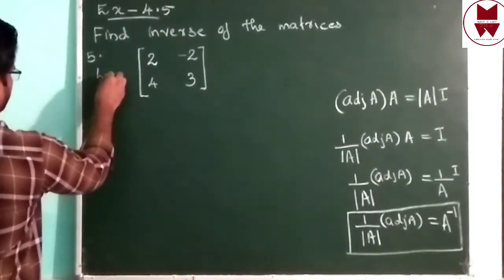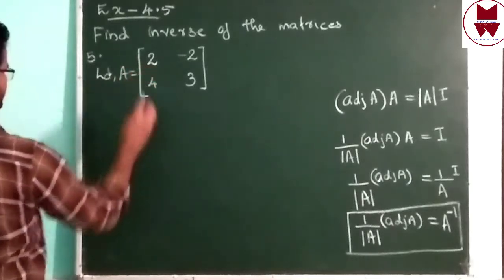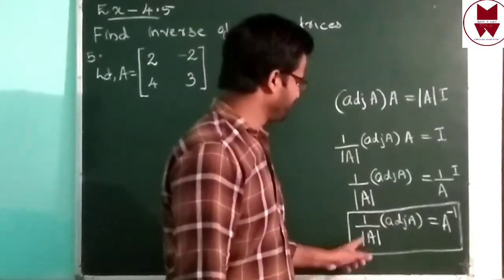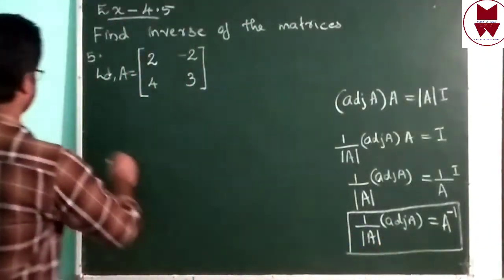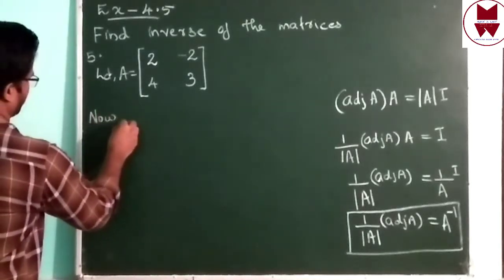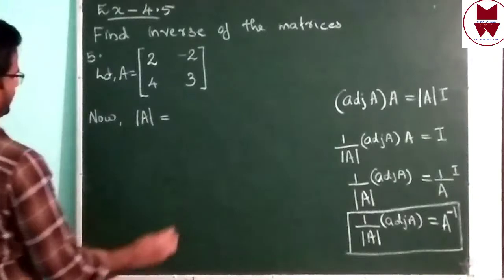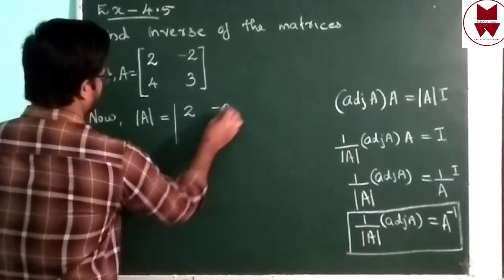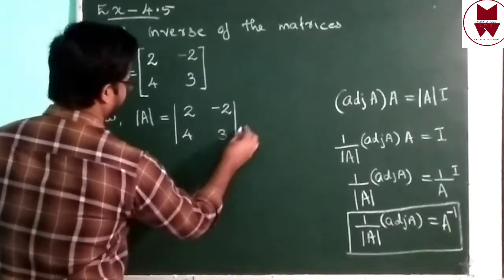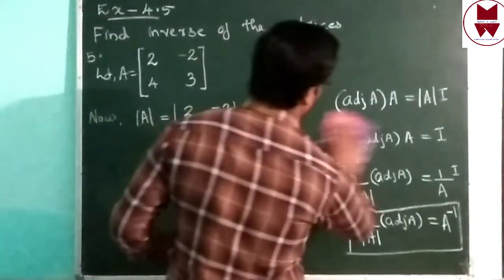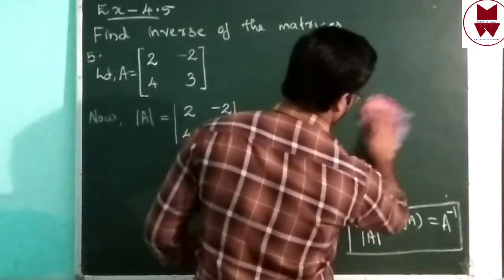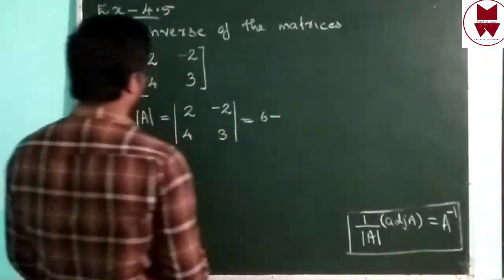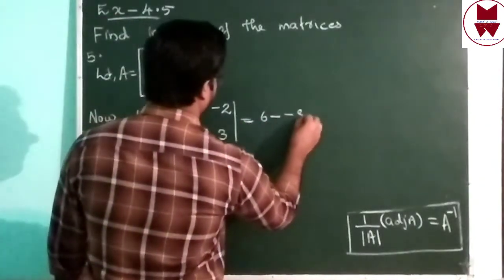First step, give one name: let A equal the given matrix. Now we can find the determinant of A. Determinant of A equals determinant of 2, minus 2, 4, 3, equals 2 into 3, that is 6, minus 4 into minus 2, that is minus 8.